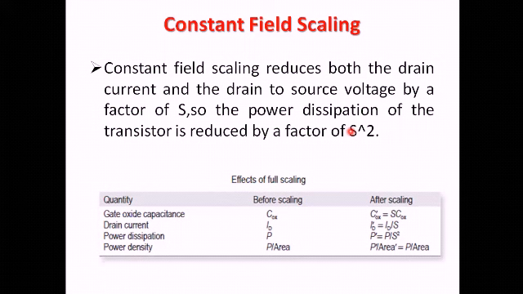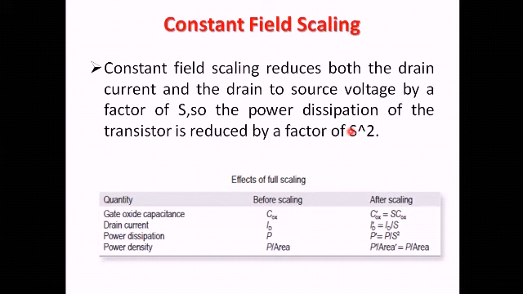Finally, we consider the gate oxide capacitance, defined as Cg equal to W into L into Cox. We know that the charging and the discharging of the capacitances plays a very important role in the transient operation of the MOSFET.